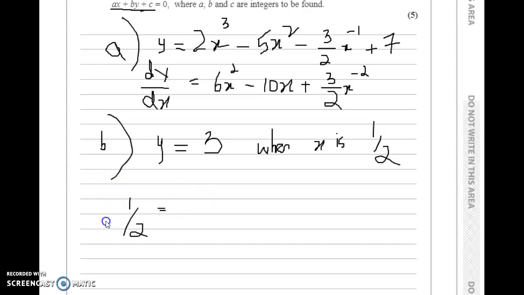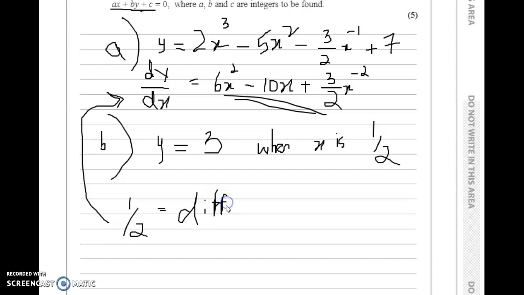So we have to plug this into this differential. When you plug half into the differential, we will get our gradient.